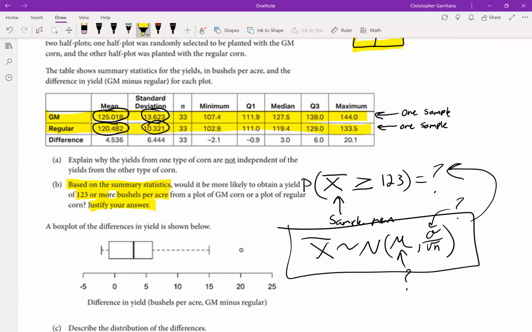So you can see that the summary statistics also contain medians, and it's very clear that the median of genetically modified is much larger than the median of regular. And in fact, the median genetically modified plot yield is much greater than that of 123, right? Whereas the median plot yield for regular is less than 123.